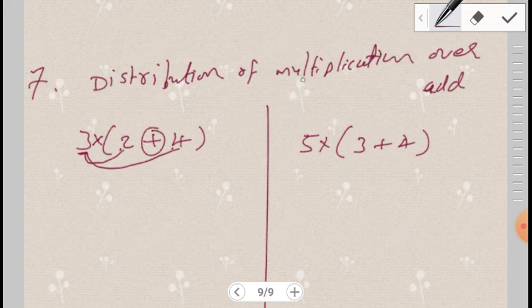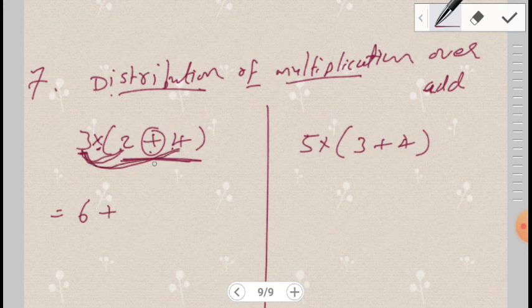That means we can say there is a distribution of multiplication over addition. Simply we multiply 3 with 2, so we get 6, and here is plus, so we apply plus. 3 4s are 12, and we add this, so it becomes 18.